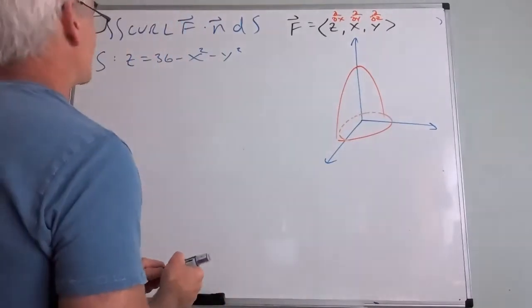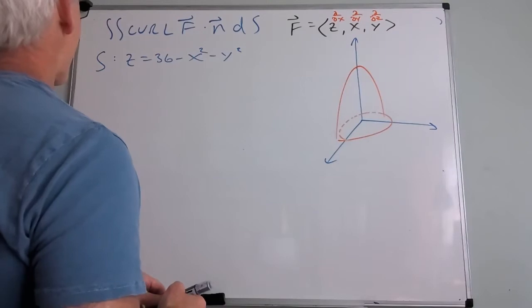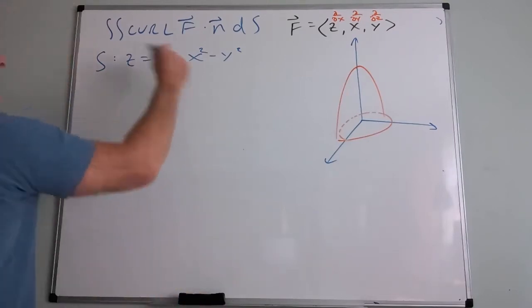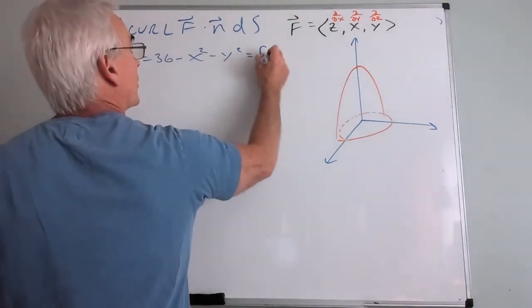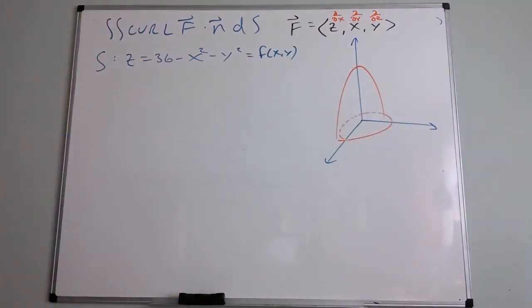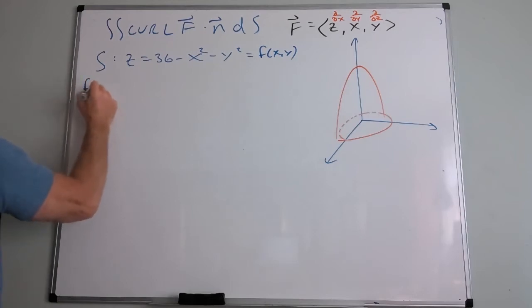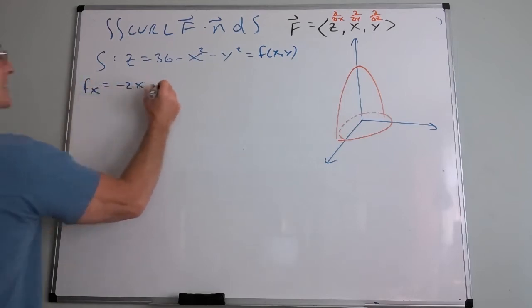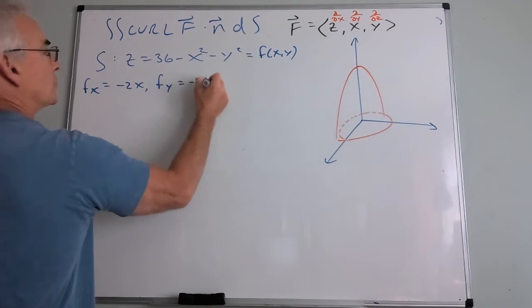So let's start with, let's see. Well, clearly, the way this is described, I can already call this my f of xy. All right, so when we do fx, that's negative 2x. Fy is negative 2y.